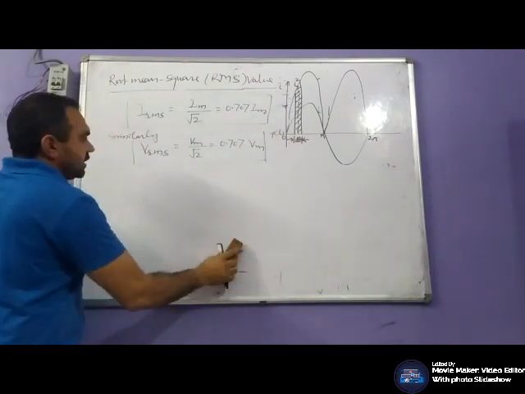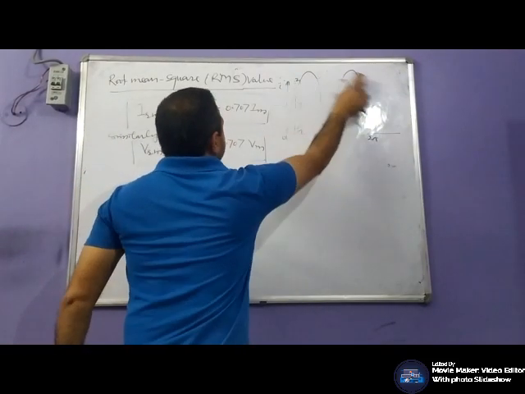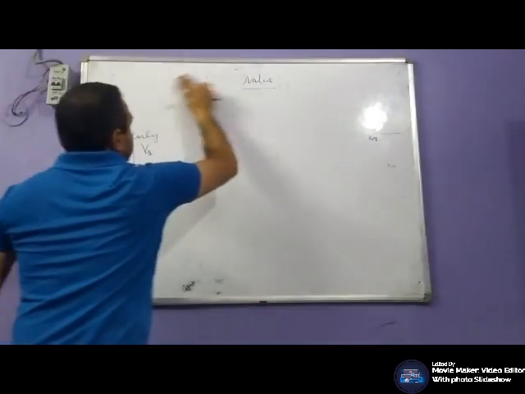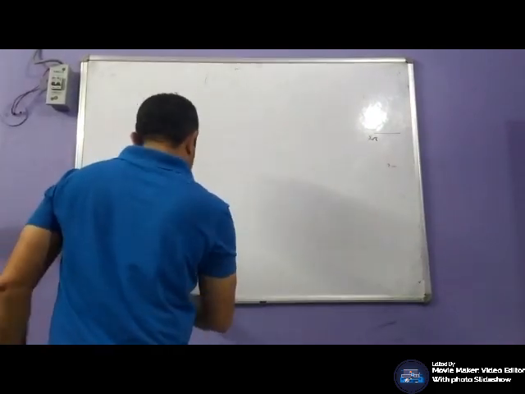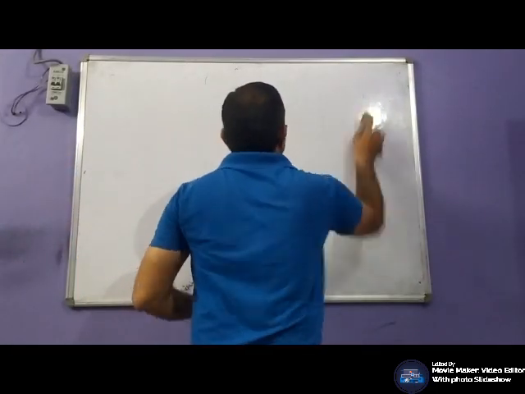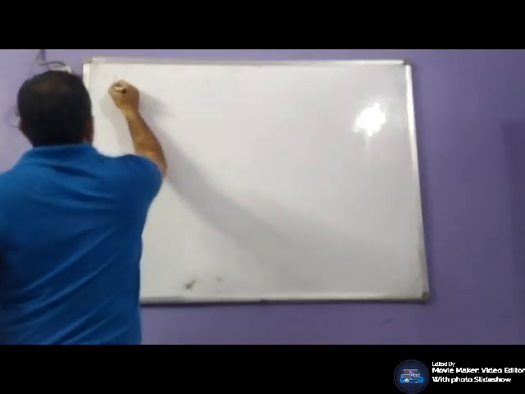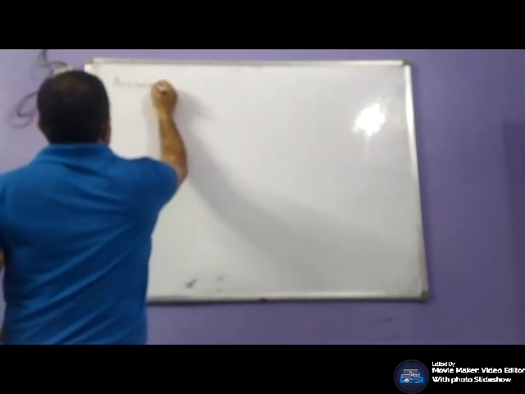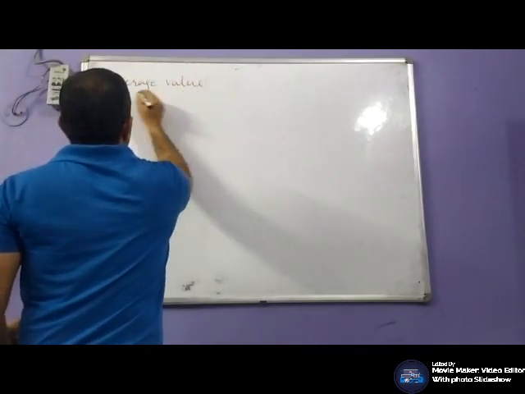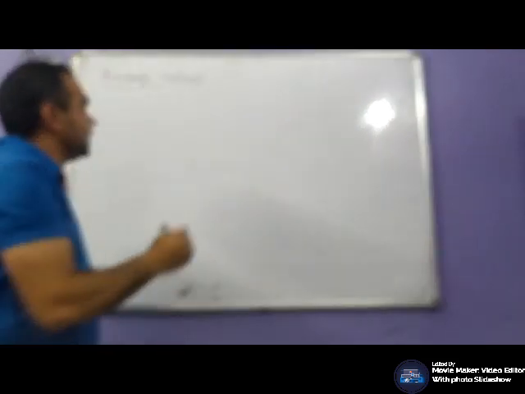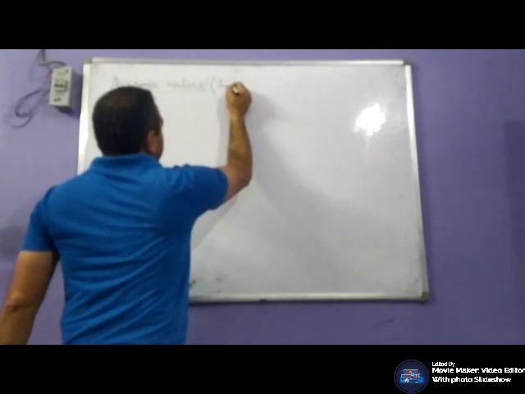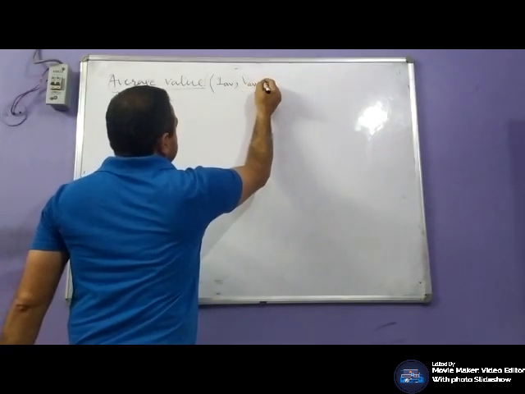Next important term is average value. Generally denoted by I average, V average, or E average.